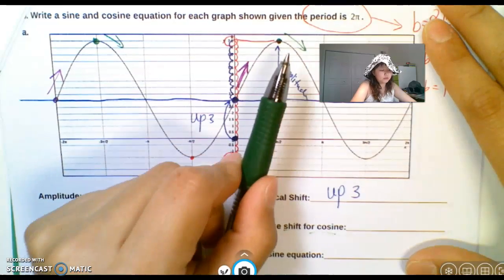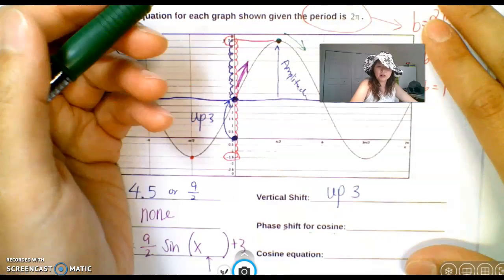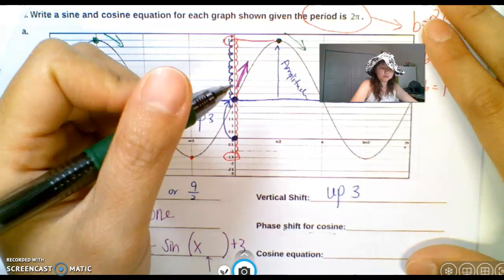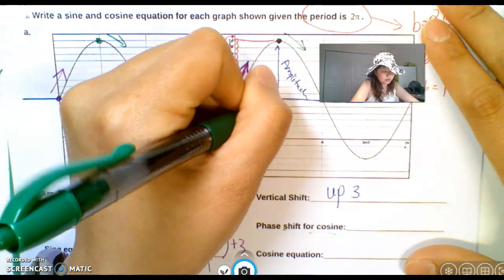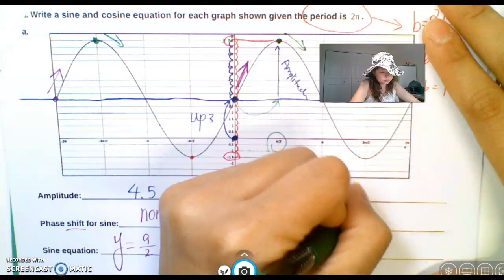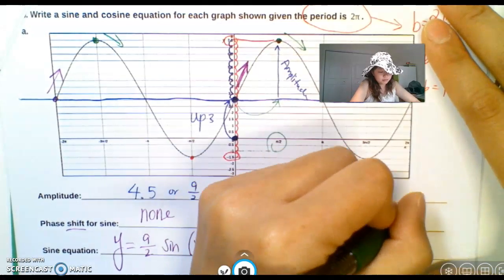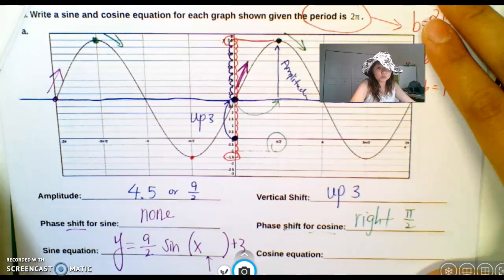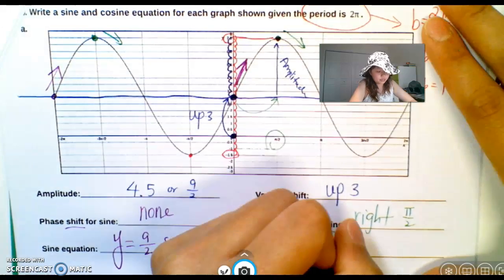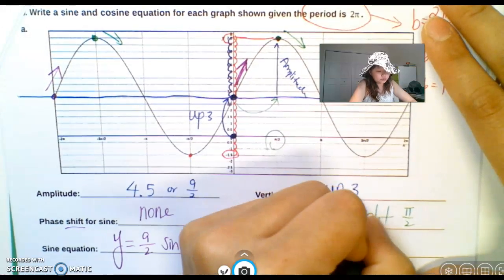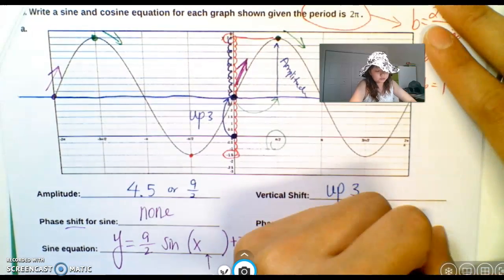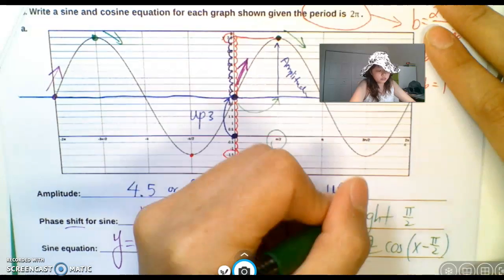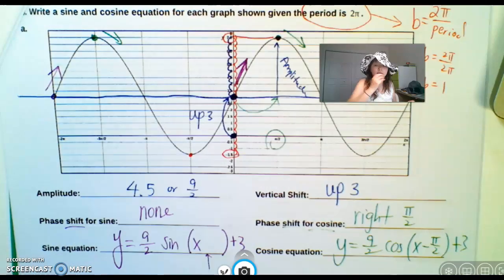I'm going to always move to the right, that way I don't have to think about the opposite sign. So it moved to the right pi/2. Then the equation is y equals amplitude 9/2 cosine, to the right means subtract pi/2, up 3.